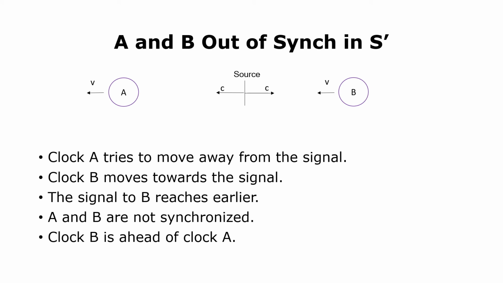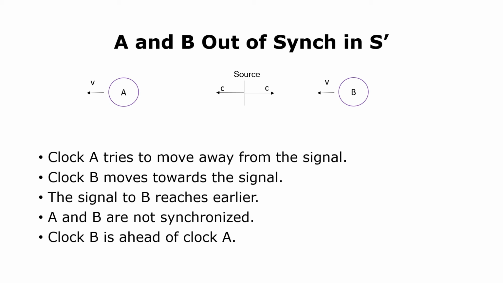But what will S prime see? In frame S prime, the clocks A and B and the source of the signal are moving towards left. Look at the signal which is going to clock A. According to frame S prime, the signal is moving to the left and clock A is also moving to the left.